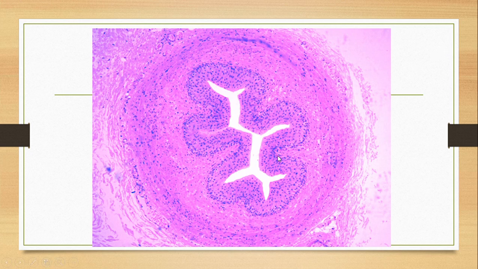This is the diagram showing the ureter. In the ureter, the lining epithelium is urothelium. That urothelium is resting over a lamina propria or subepithelial connective tissue.